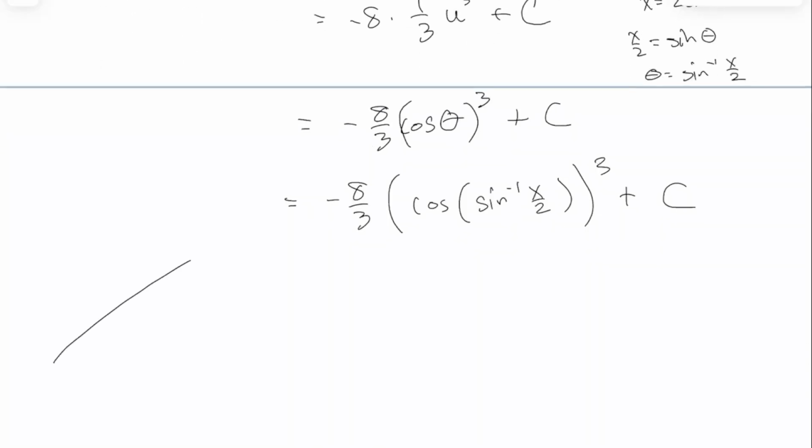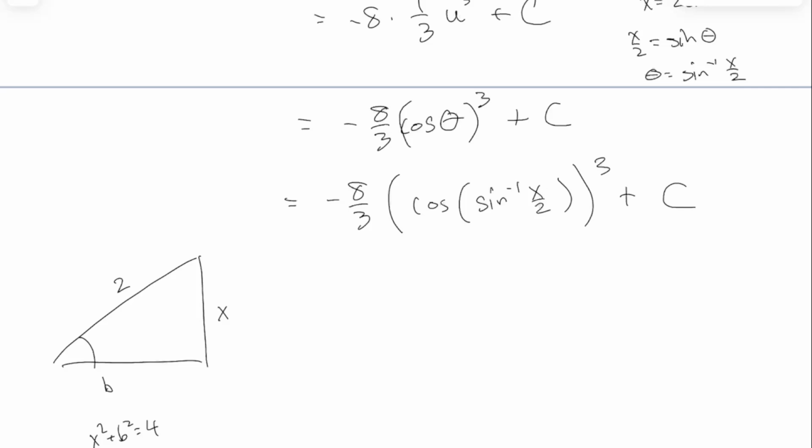To do that, I draw a little triangle where I want the sine to be x over 2. That's x over 2 like that. The sine of this angle is now x over 2. And then we find the third side using the Pythagorean theorem. If that's b, then x squared plus b squared equals 2 squared, which is 4.